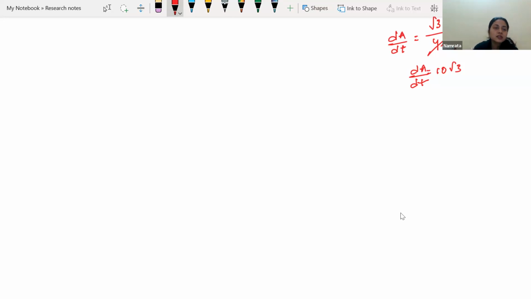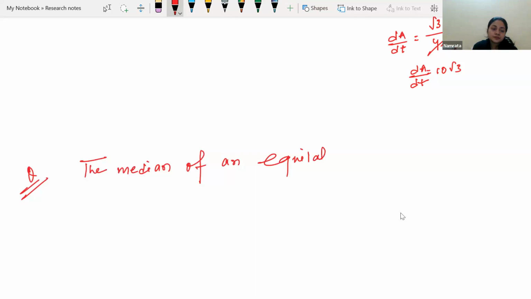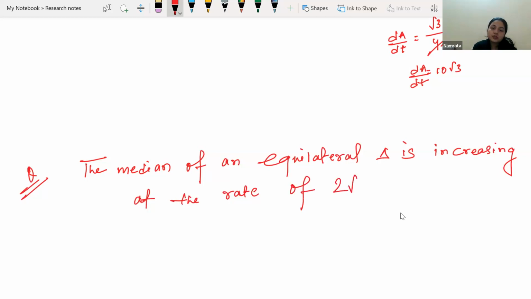One more question is there, related to the equilateral triangle concept only, which says that the median of an equilateral triangle is increasing at the rate of 2√3 centimeter per second.